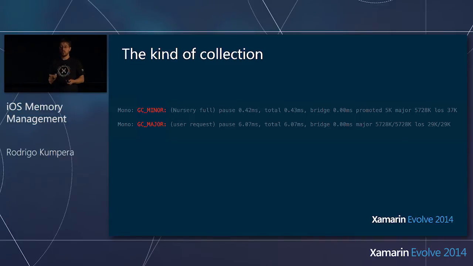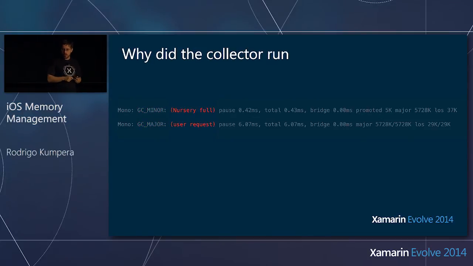Then there's something you need to pay attention to: the rate between minor collections and major collections. If you have one major collection for each minor collection, then something is wrong. If you're getting like 10 or 16 minor collections before you have a major collection, you're doing super well.